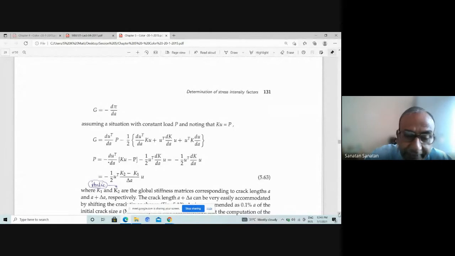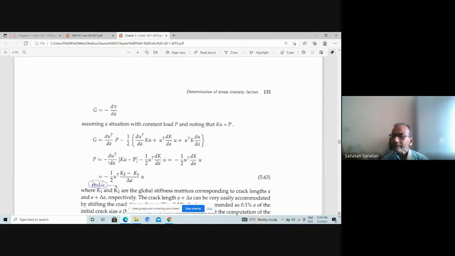that you take two crack sizes differing by a small value, and then you just have to make use of the stiffnesses corresponding to the two discretizations and take the ratio K2 minus K1 by delta A multiplied by U. So all of the participants, please concentrate.